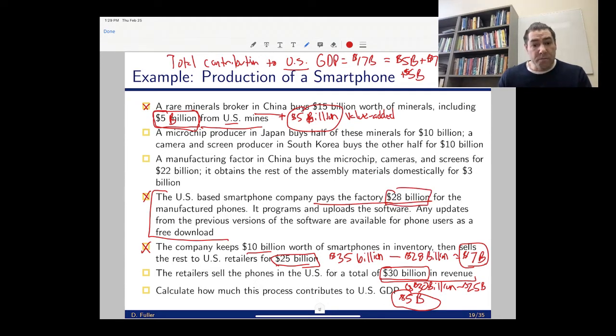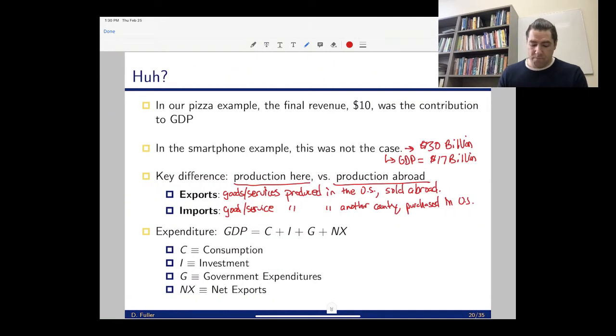So while they produced 35 billion worth of smartphones, 28 billion of that was imports, something produced in another country that we bought here. And we don't want that 28 billion to count as part of our GDP because we didn't produce it. We only produced this 7 billion in GDP, which was our value added. So value added is a very helpful idea to help us understand how exports and imports work in the process of GDP.